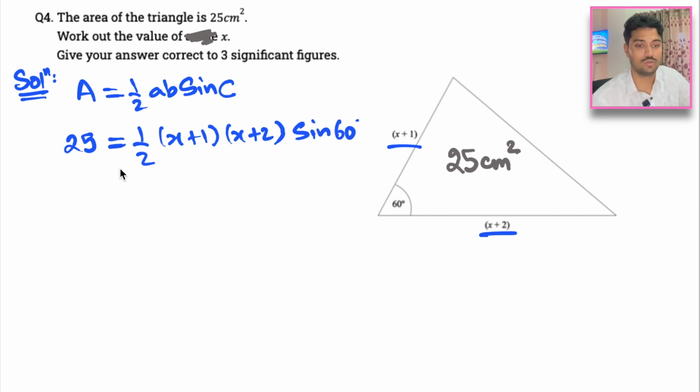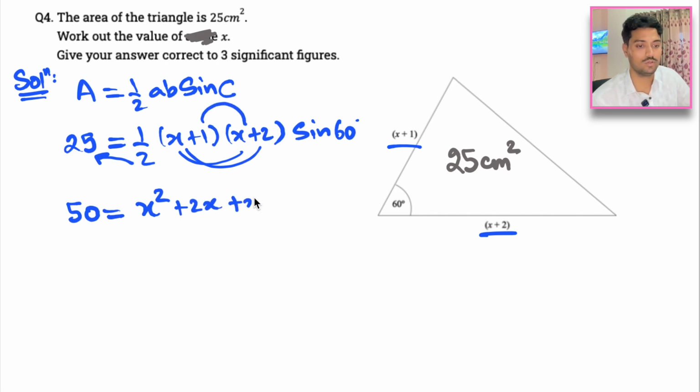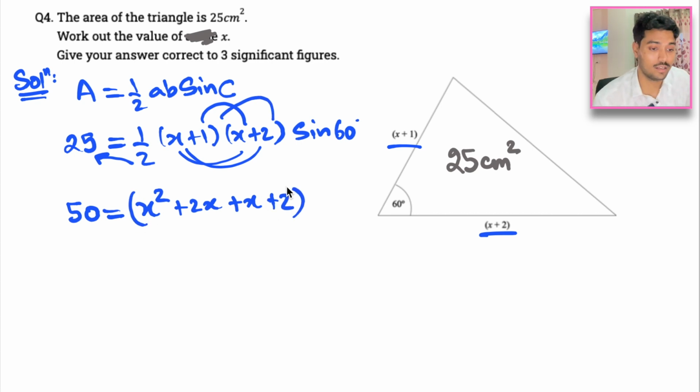Let's transpose this 2 to the other side. 25 into 2, 50, equals, multiplying the binomial terms, x into x is x square, x into 2 is 2x, x into 1 is x, and 1 into 2 is 2. This whole multiplied by sine 60 degrees, which is root 3 by 2.